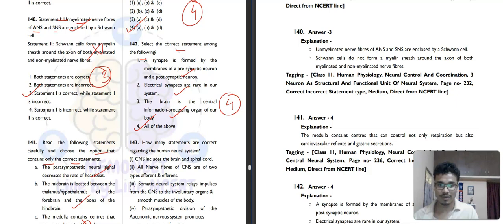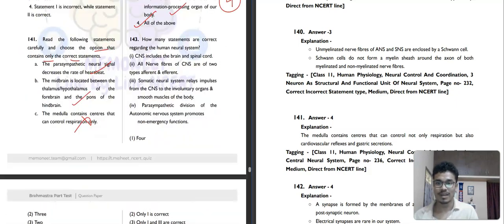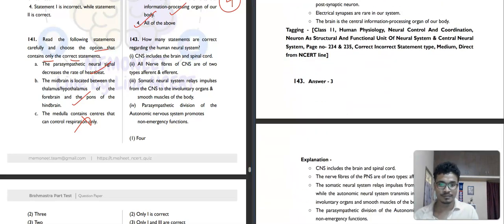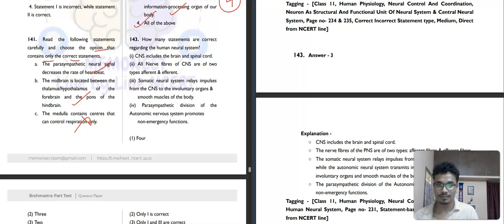Then question number 143. How many statements are correct regarding the human neural system? CNS includes the brain and the spinal cord, correct. Then all nerve fibers of the CNS are of two types, afferent and efferent, correct. The somatic neural system relays impulses from CNS to the involuntary organ, this to the skeletal muscle.